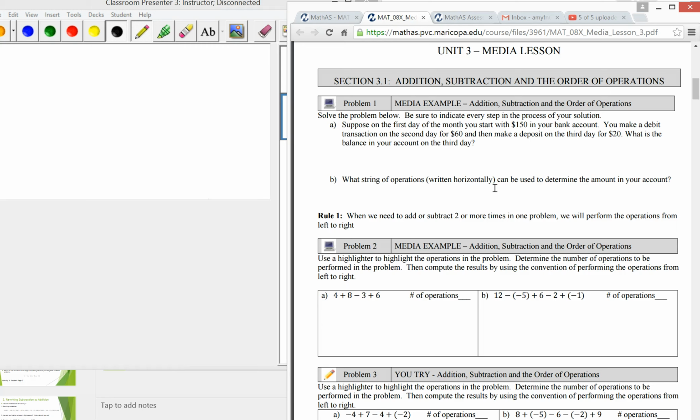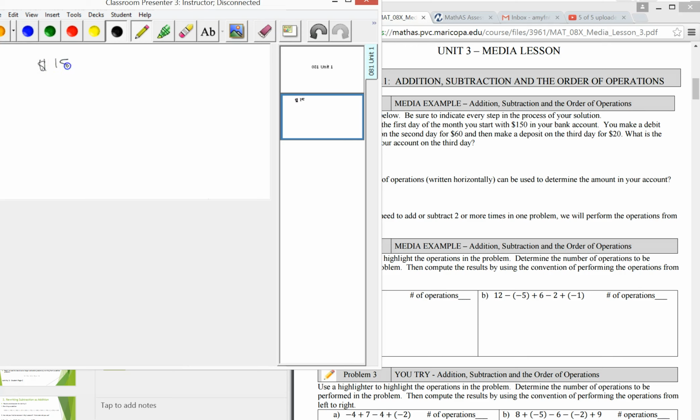Looking at this problem, they can do this problem in a heartbeat. They might not write it down symbolically correctly, but let's see what it says. On the first day of the month, you have $150. You make a debit transaction for $60, and a deposit for $20. How much money do you have left?